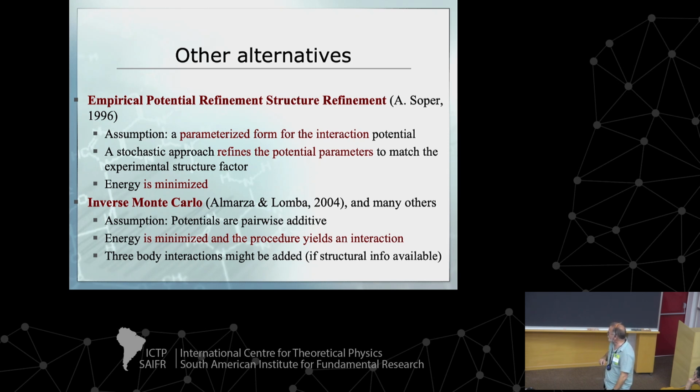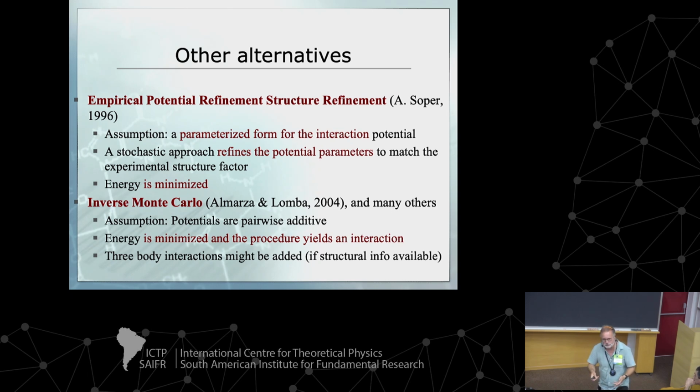We fooled around with these methods quite a long time ago, with a late colleague of mine, back 20 years ago already. And we proposed this inverse Monte Carlo that has the advantage, for simple systems, that it gives you a functional form for the potential.